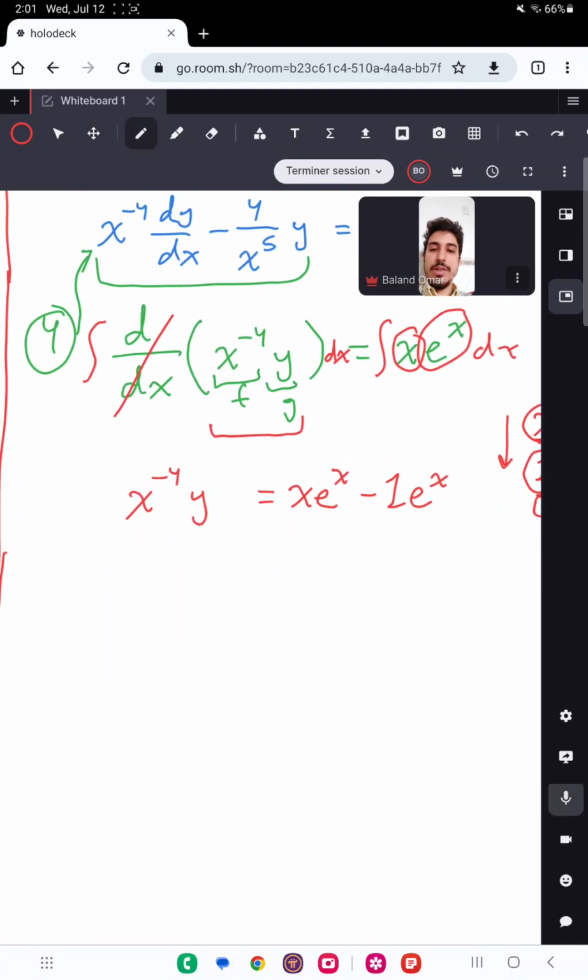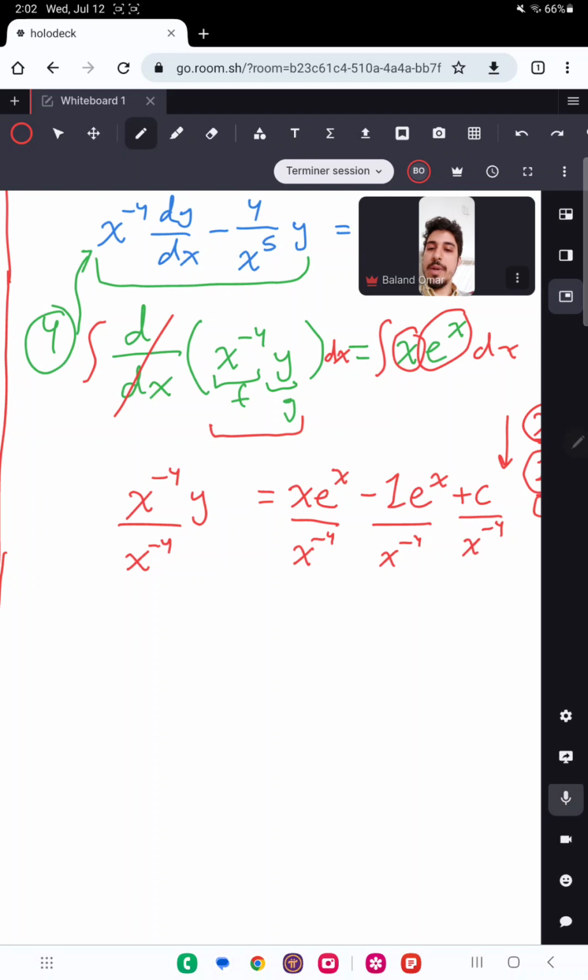And now I can just divide the whole thing by x to the power minus 4. Oh, I forgot to include the c. Of course, when you integrate, always put the c. So x to the minus 4 and x to the minus 4.